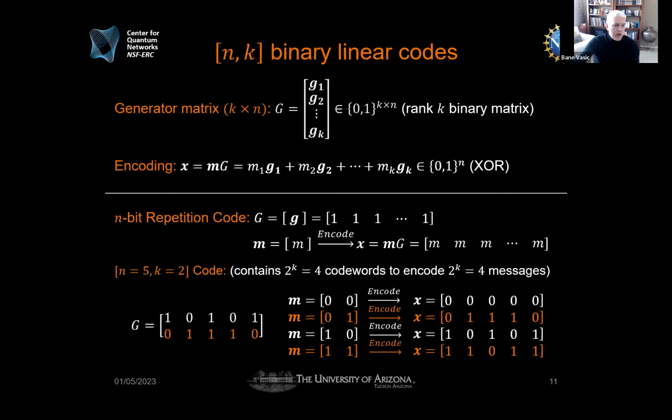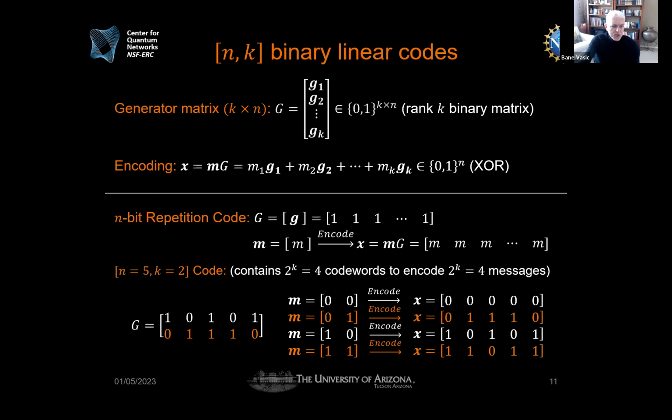When both message bits are 0, I don't select any of these rows, so the code word is 0. When the second bit is 1, I select the second row and create a code word. When the first bit is 1, I select the first row, and when both are 1, I add these 2 rows and create a code word.